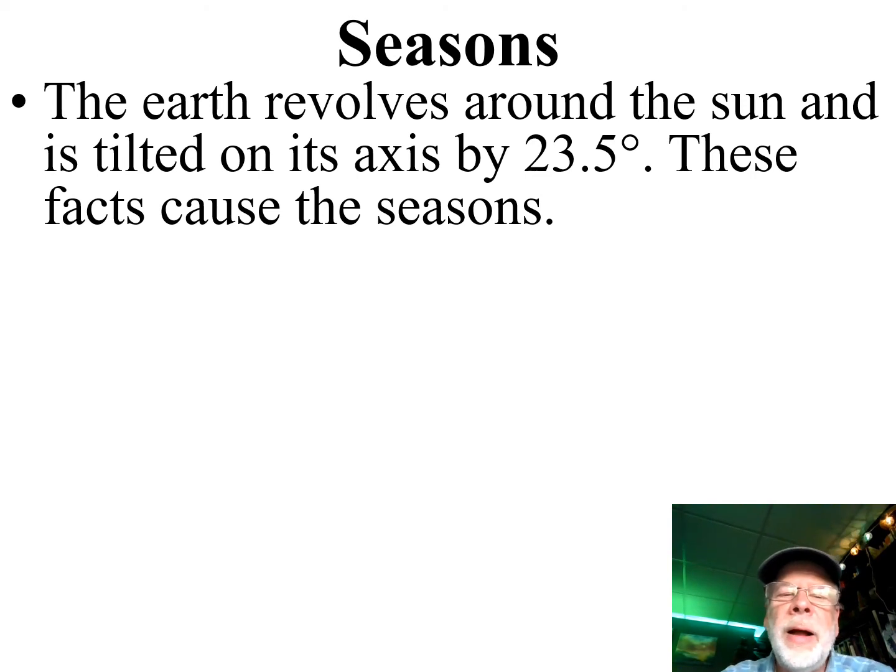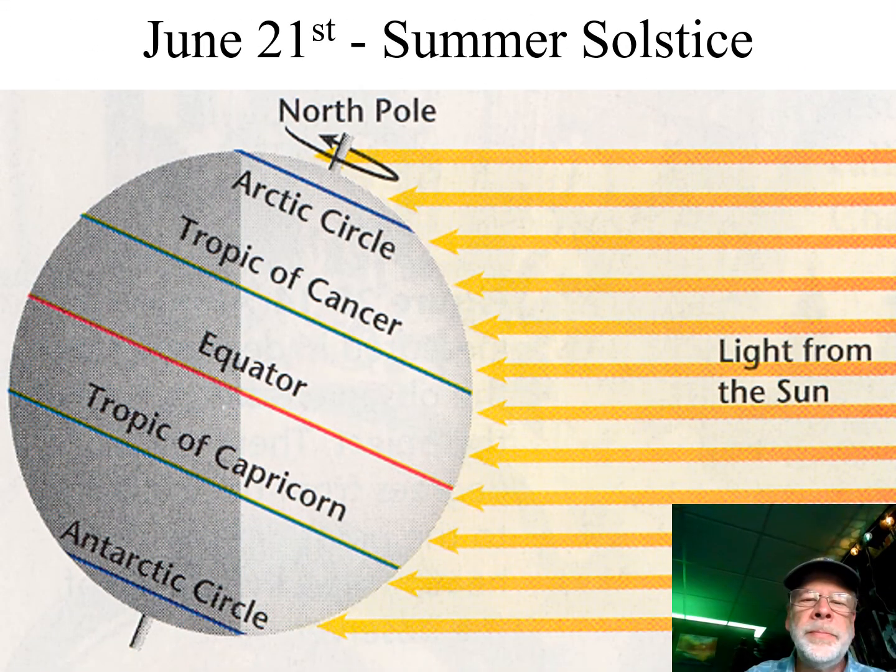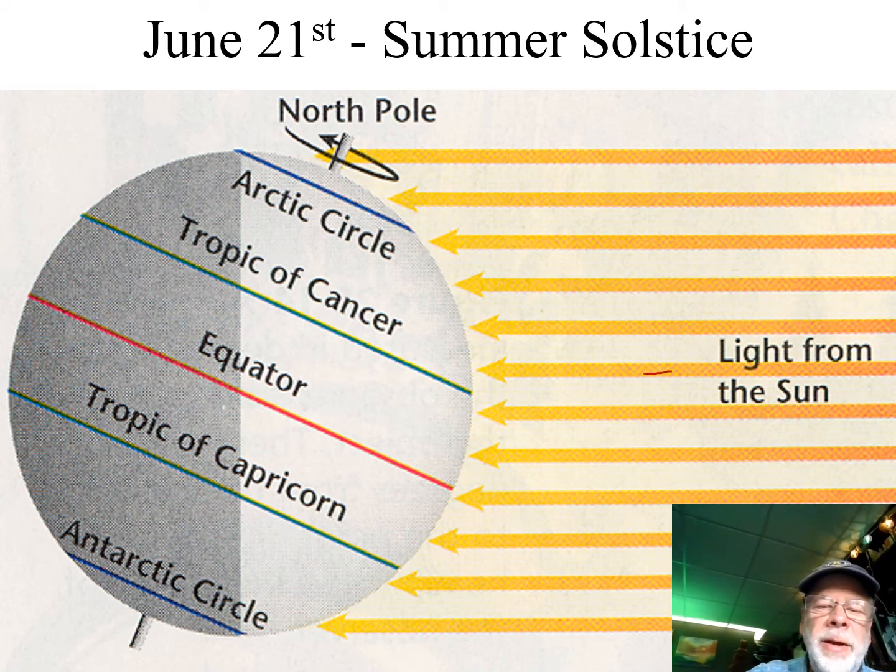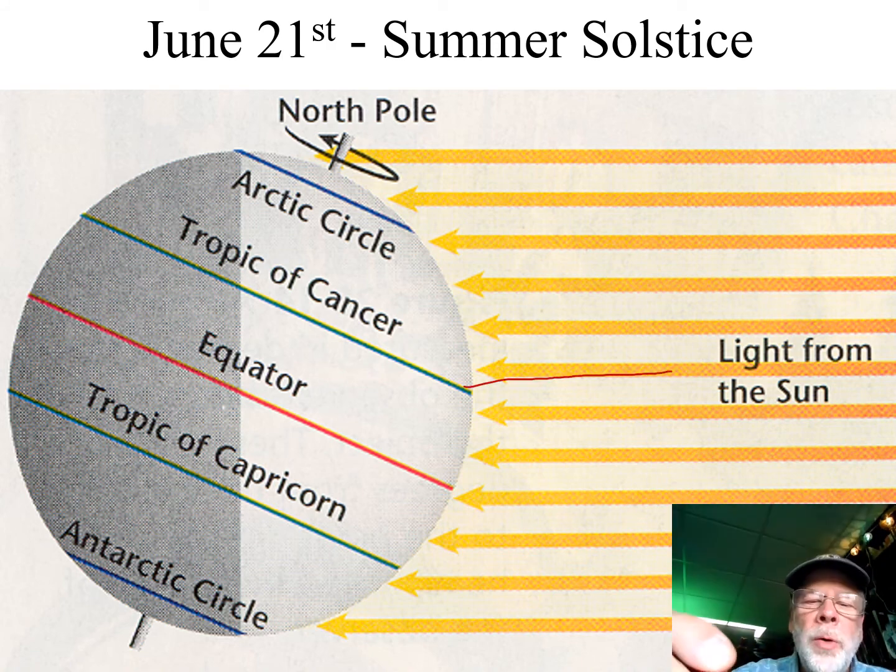The Earth revolves around the sun, tilted on its axis by 23.5 degrees. June 21st, the summer solstice. Look at where the sun is directly overhead at the Tropic of Cancer. Notice the Tropic of Cancer, 23.5 degrees north, is not very far from where New York State would be.